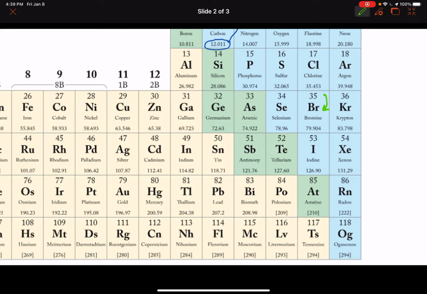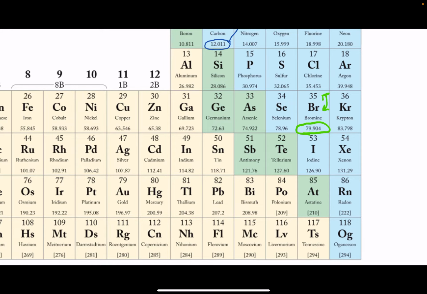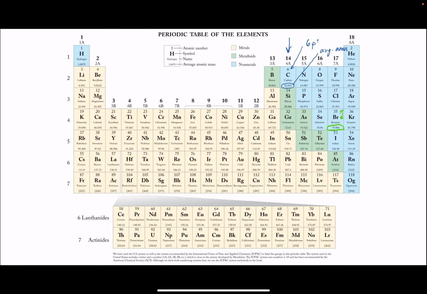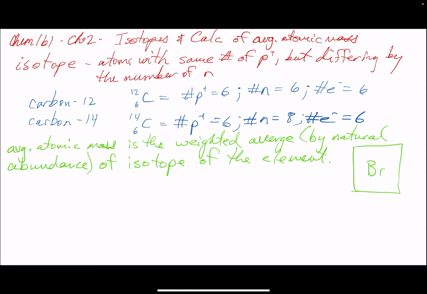That allows me to use the Br abbreviation for bromine. And we can see here that we have 79.904 as the average atomic mass, and we have that as the 35th element of the periodic table. So bromine has two major isotopes.